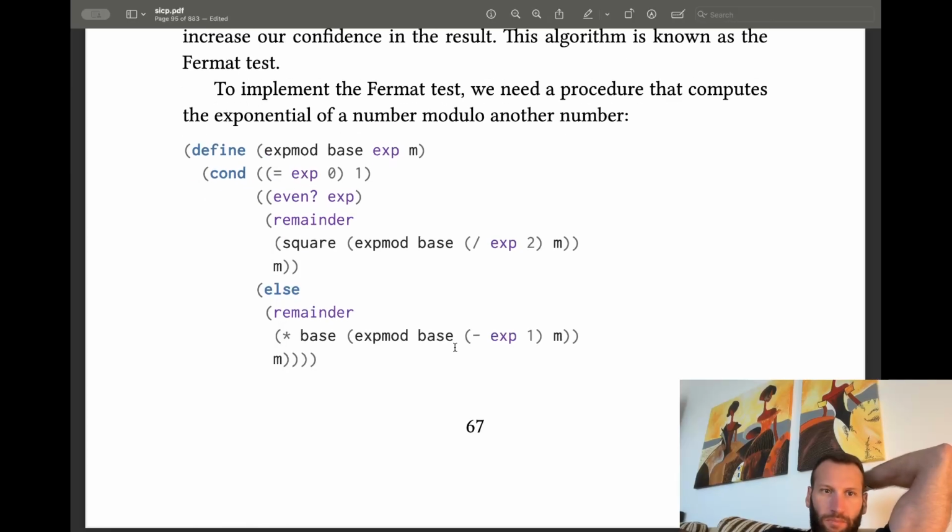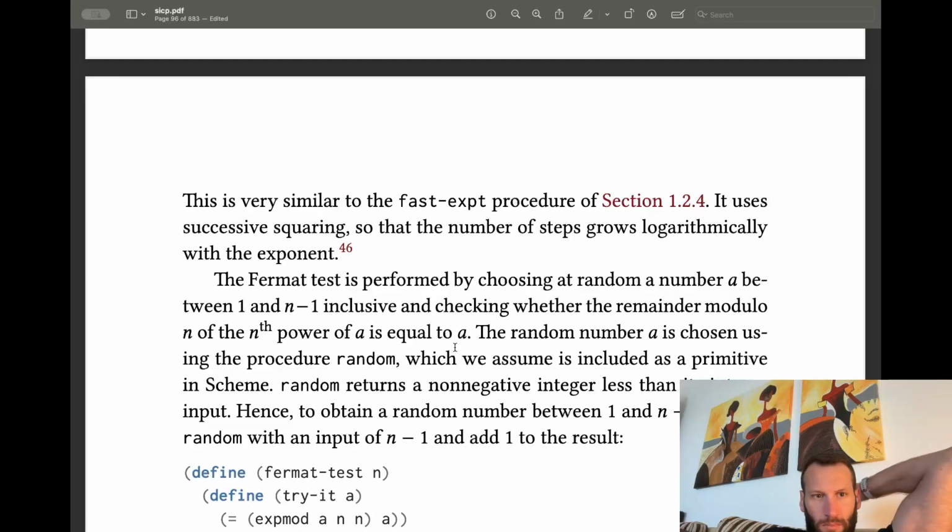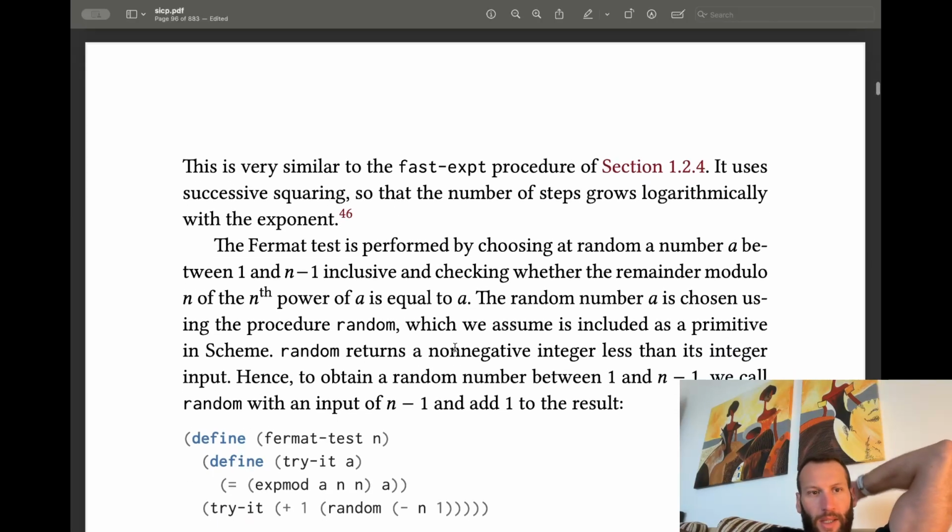Yes, indeed. This is very similar to the fastExp procedure that we have seen previously. It uses successive squaring so that the number of steps grows logarithmically with the exponent.